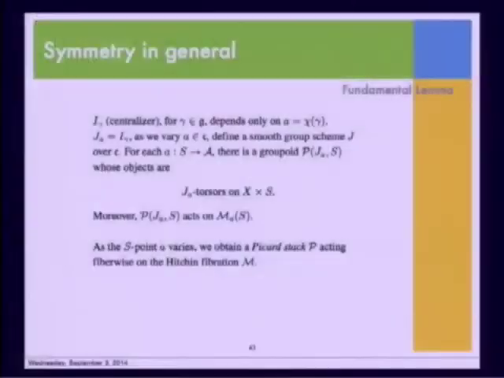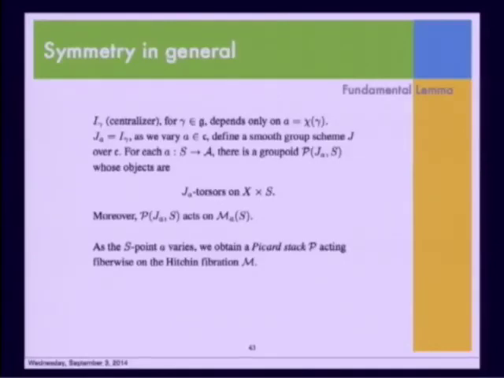And in general, you get a group of symmetries coming from a Picard stack acting fiber by fiber on the Hitchin fibration. These symmetries are coming from the centralizer, I_gamma. So we have a semi-simple element, and we can take its centralizer.